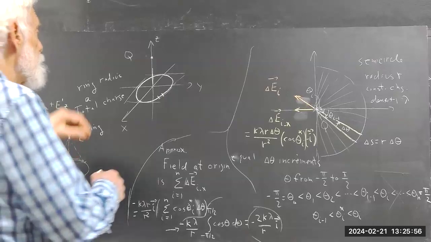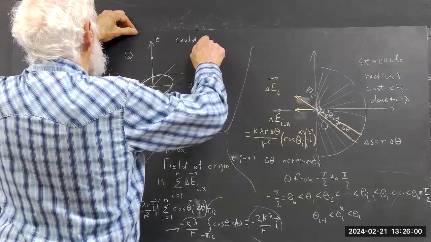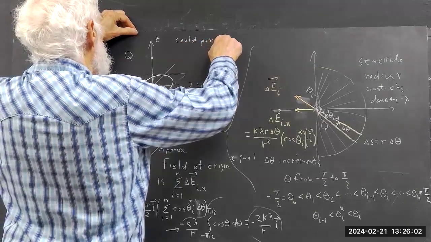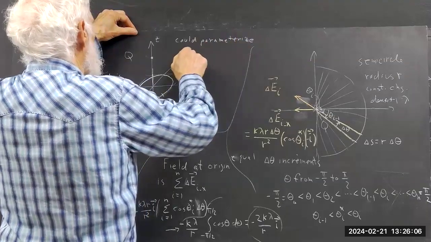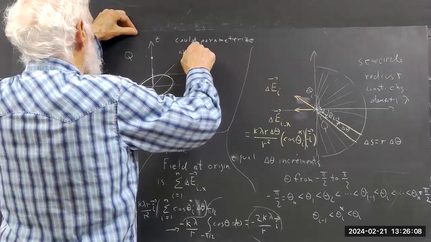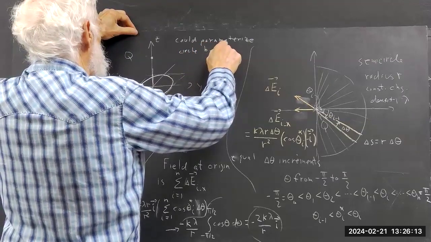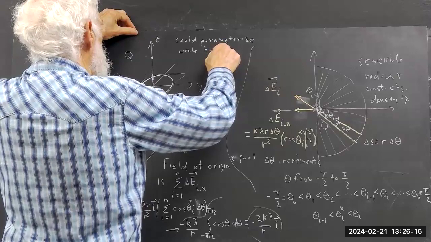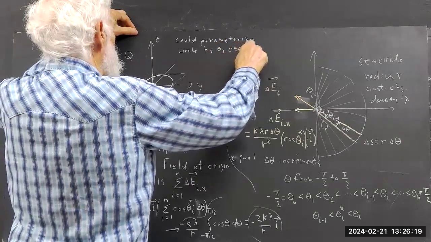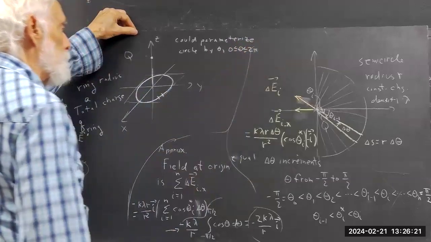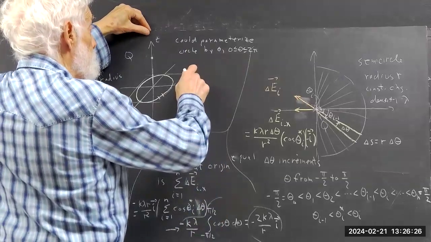So parameterize it by theta from 0 to 2 pi.